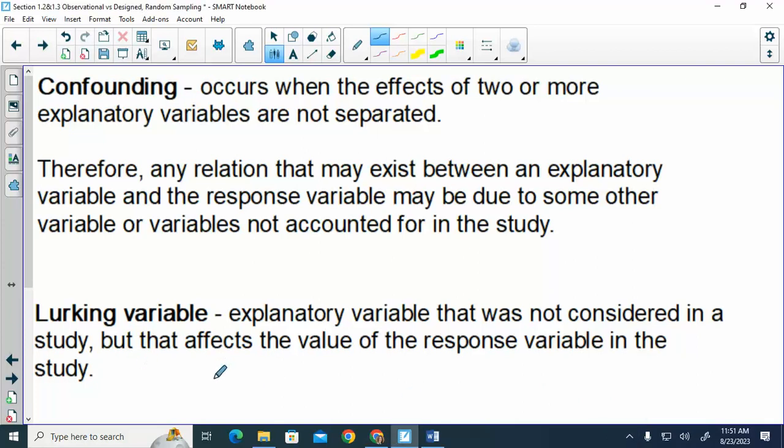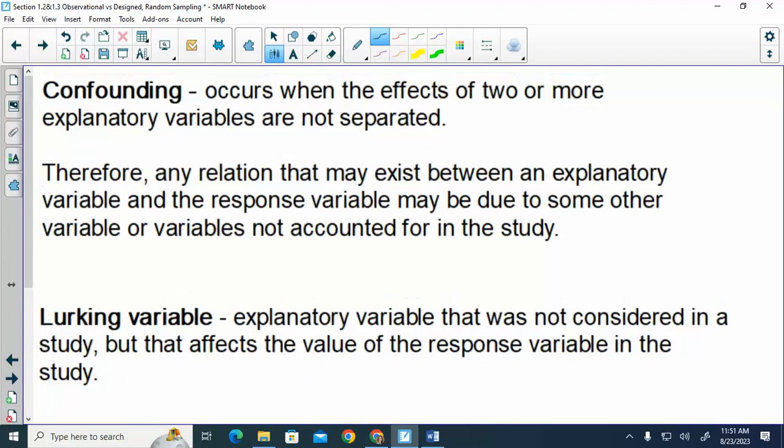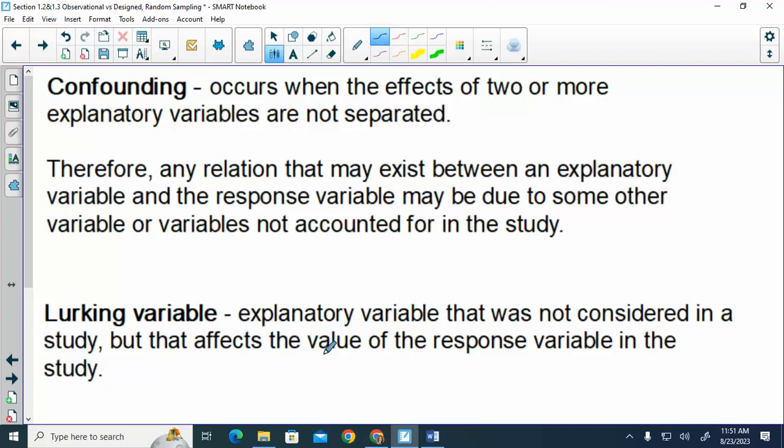Can you give me any examples of lurking variables in that example we just did? What could be some variables that affected the response that we weren't looking at? I've already mentioned a few. Their immune system. Did we look at if they had other health issues or not? What about age? We just did 65 or older.